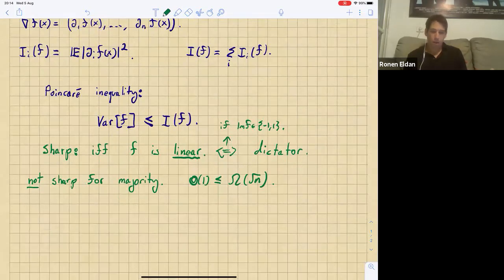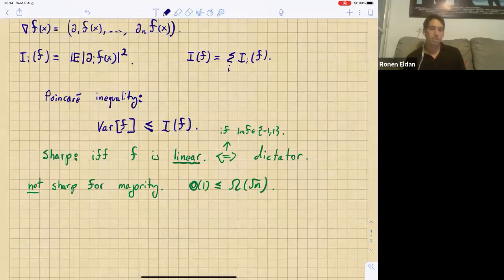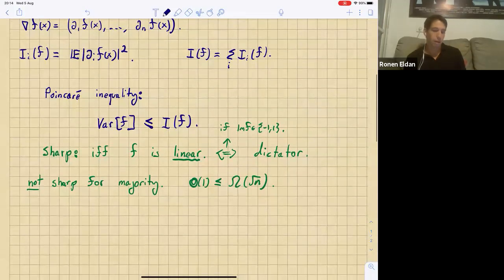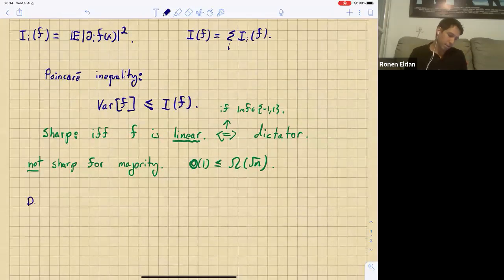So the question is, is there a way to fix this, meaning, is there a better inequality which is sharp maybe for all threshold functions, hopefully all weighted majorities, or something like that? And the answer is yes. There is an inequality by Talagrand saying the following. Let's first make a definition.